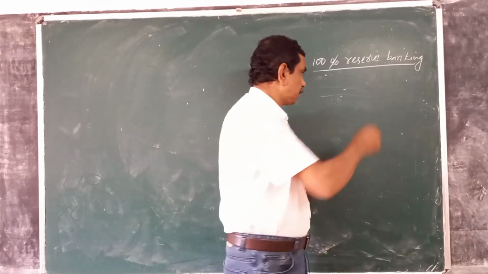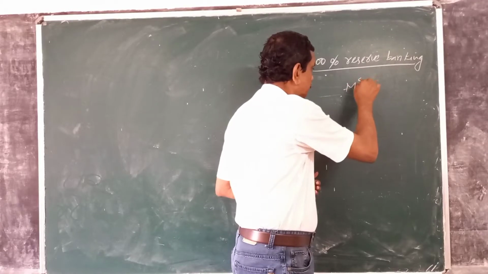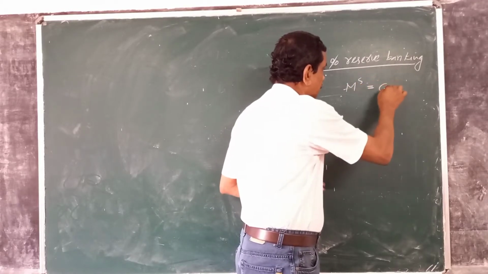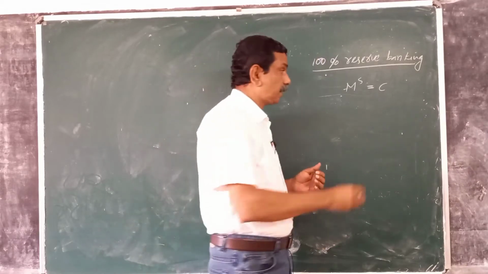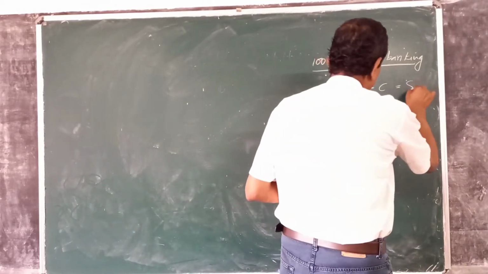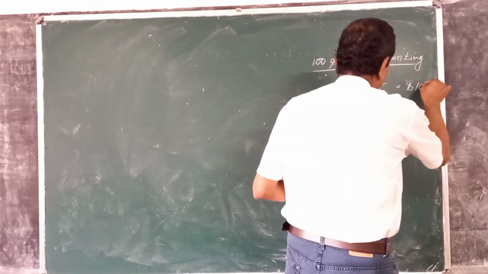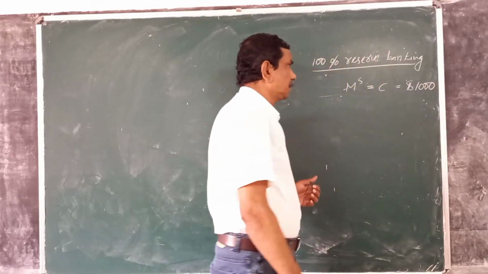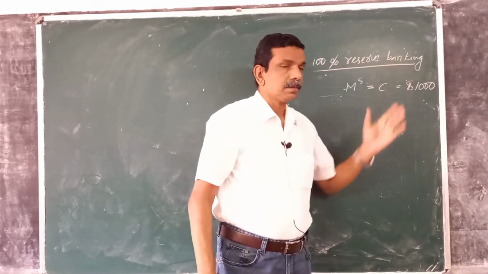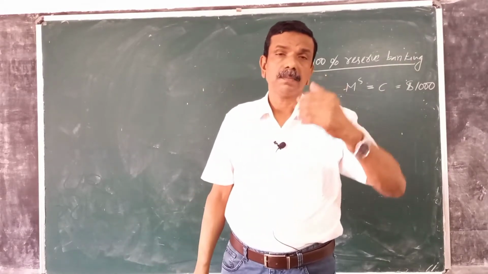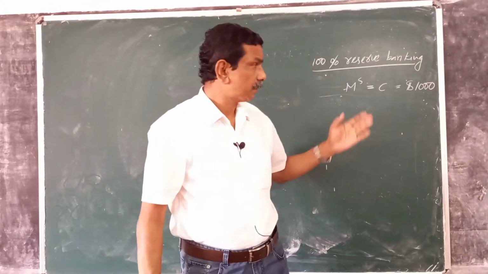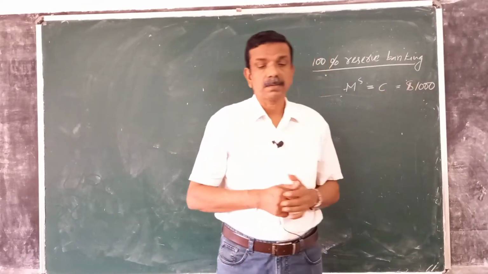Then the quantity of money, MS, is equal to the currency held by the public. And now suppose that this currency is $1,000. In a world without banks, money supply consists of currency held by the public, and we assume that it is equal to $1,000.